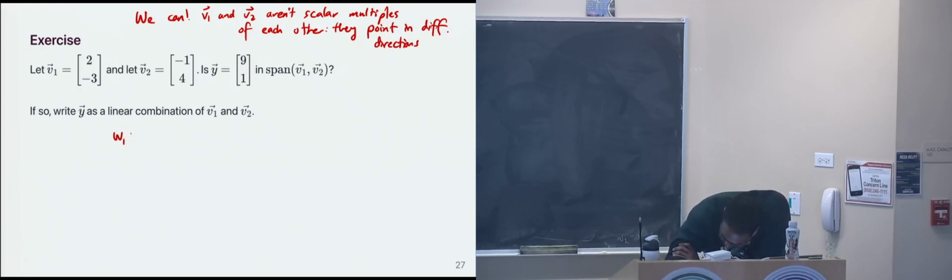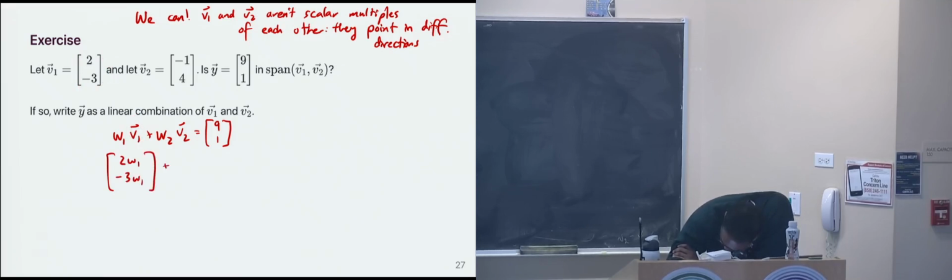Well, what that's asking me for is for some weights, which I'll call w, such that w1 v1 plus w2 v2 equals (9, 1). But since v1 is (2, -3), this is asking for this. And since v2 is (-1, 4), this is asking for this.